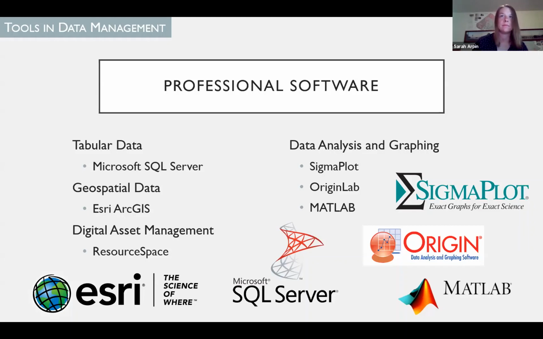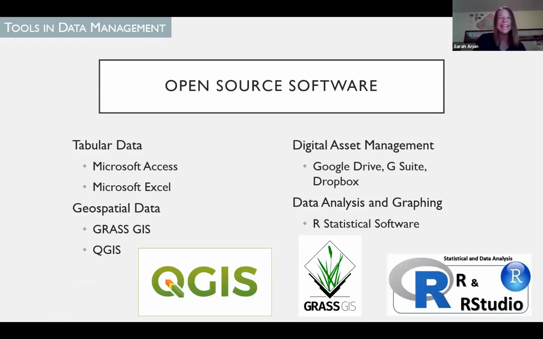So if you're not an organization or group that has the funding to use that kind of software or tools, there are certainly other tools that you could use that are affordable or even free. Sarah? Next. So your open source software for your tabular data, you can use Microsoft Access or Excel.